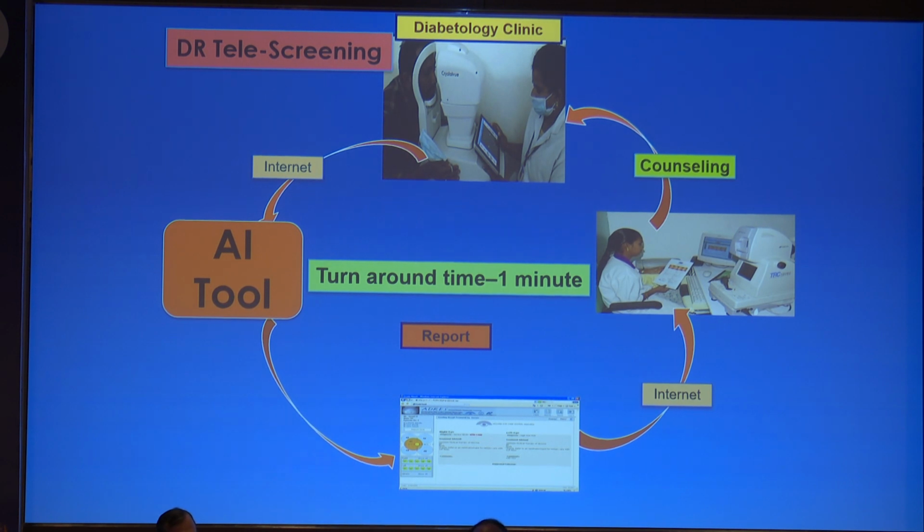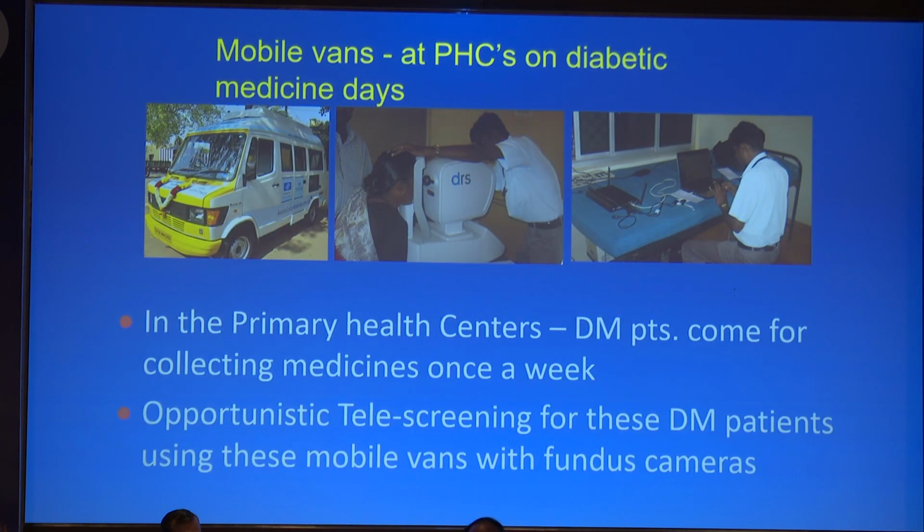In the last 1 year, we have been screening close to 90,000 diabetic patients just using this telescreening with artificial intelligence. We are also going into other settings, as I said, we don't miss any opportunity to screen these diabetic patients. We worked with the government to go to the primary health centers where the diabetic patients would come once a week to get their medicines.